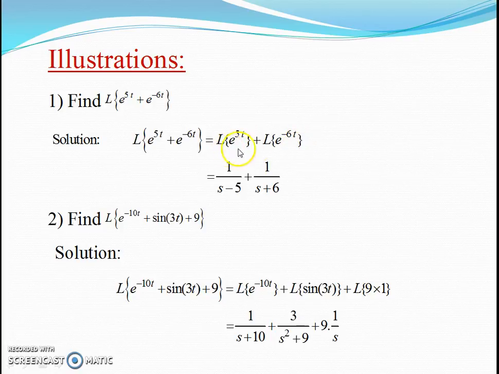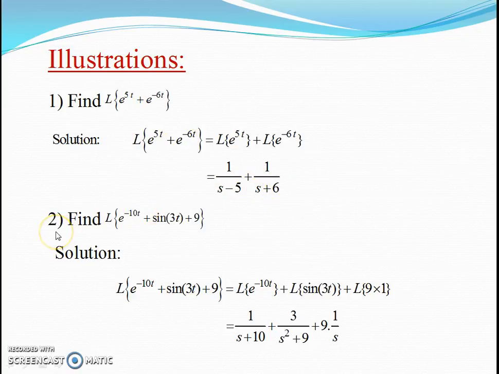These two functions belong to case 1, e raised to at type. Therefore, using Laplace transform of e raised to at and Laplace transform of e raised to minus at formulas, we write Laplace transform of e raised to 5t as 1 upon s minus 5 plus Laplace of e raised to minus 6t is 1 upon s plus 6. So this is the answer to the given question.